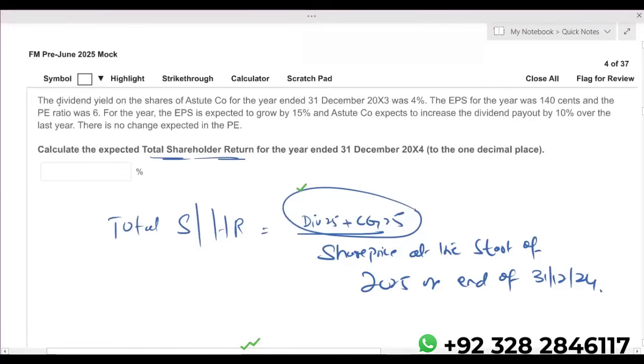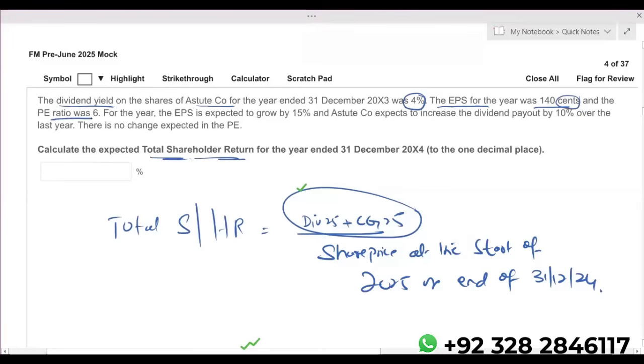The dividend yield on the shares of Astute company for the year ended December X3 was 4%. Dividend yield is 4%. Okay. The EPS for the year was 140 cents. You should read the data properly. It is 140 cents. It means $1.4.